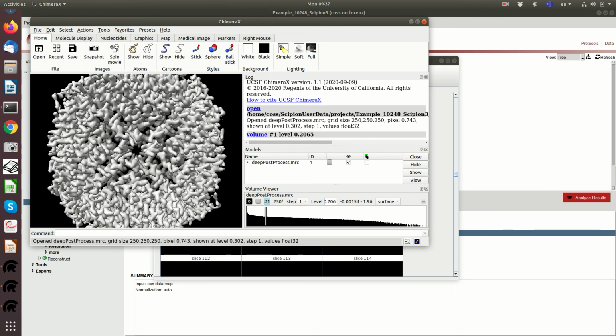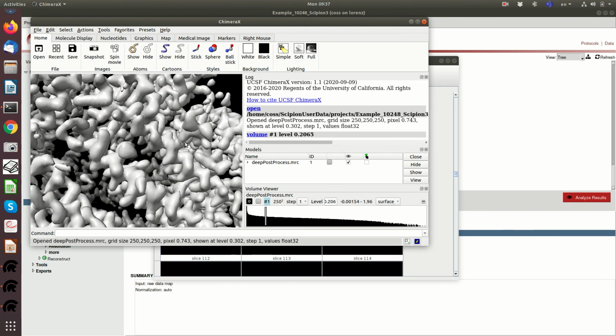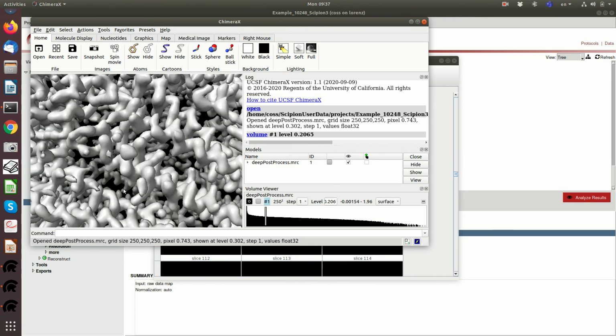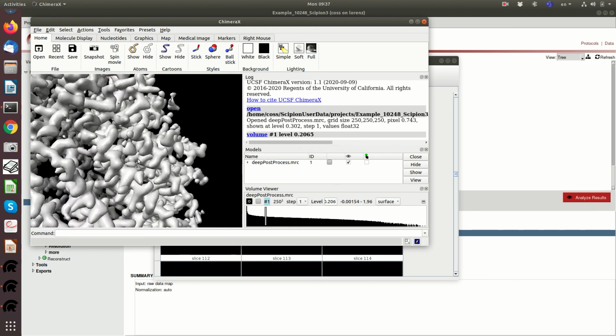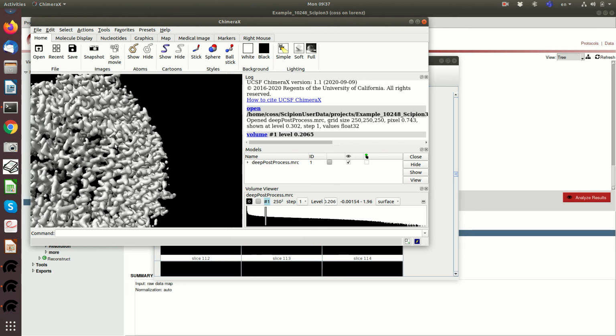You see that the alpha helices are absolutely greatly defined. You can see them here. Very nice background, very clean, and so on. So yeah, so this is our tutorial.